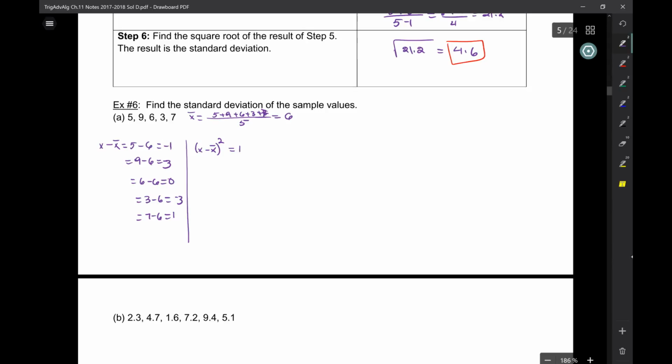So that's 1, 9, 0, 9, and 1. You see that? Like, minimize the writing. Then I add them all up. 1 plus 9 plus 0, 9 plus 1, I get 20.